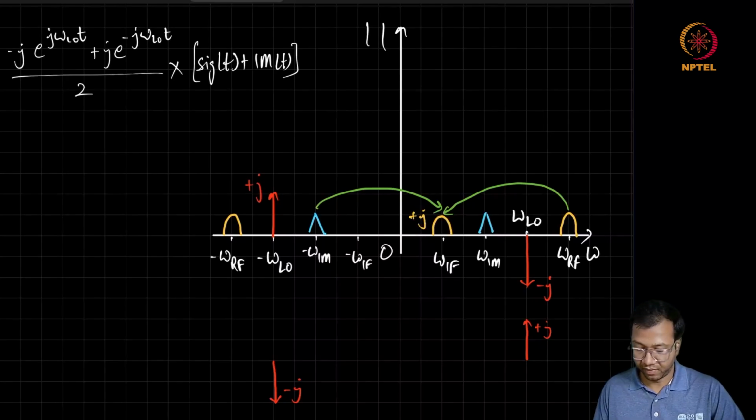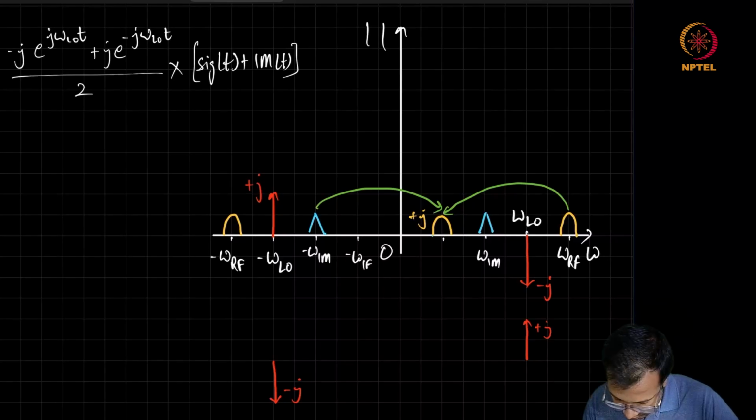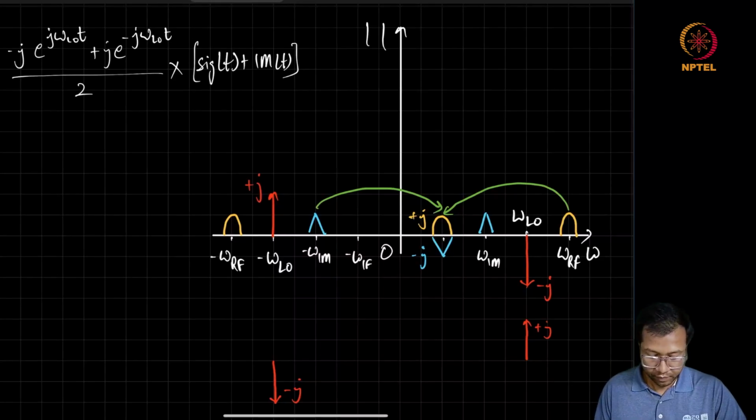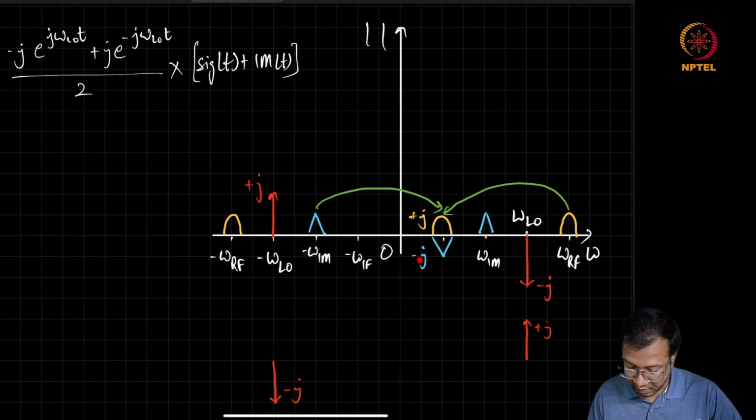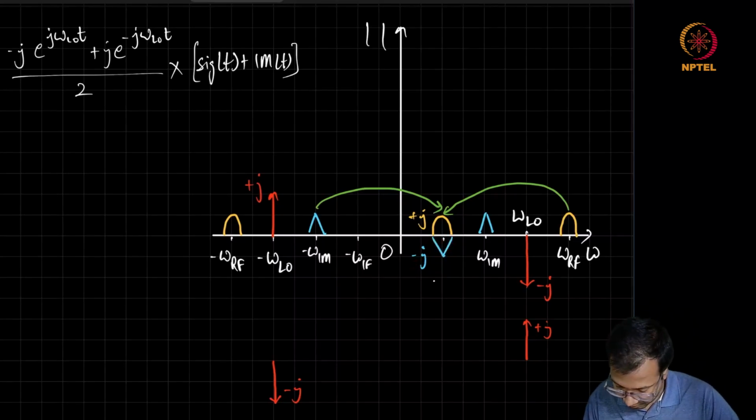Negative component of image is getting multiplied by minus j. So just to emphasize that this is multiplied by minus j and drawing it below the x-axis. Okay, this is all happening at omega IF.